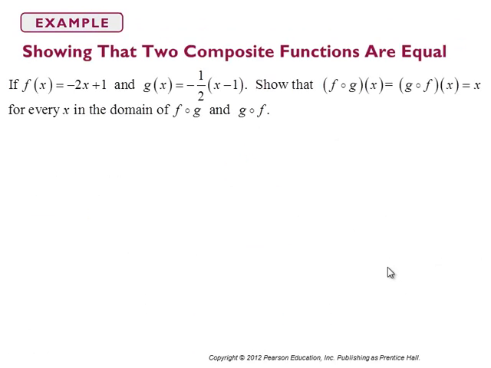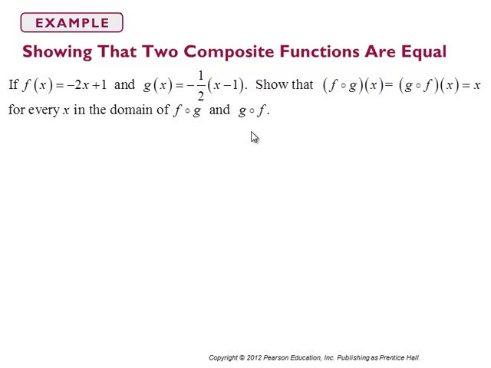Okay, let's do yet another example, but this time we're going to show that for some pairs of functions, when you do f composed with g, it turns out that's the same thing as g composed with f.